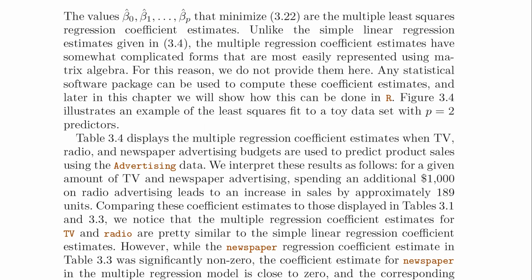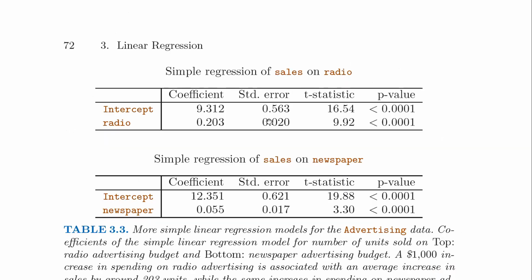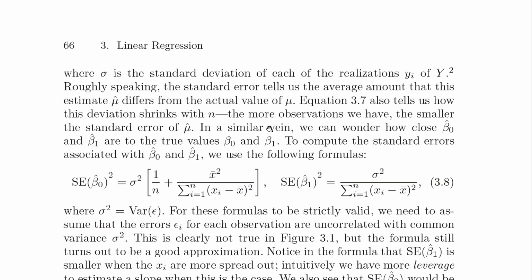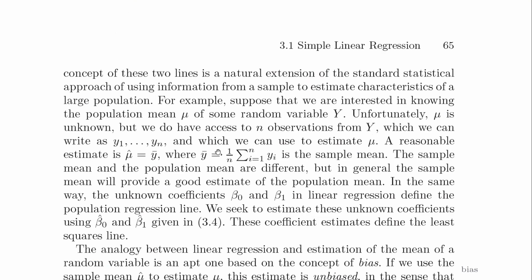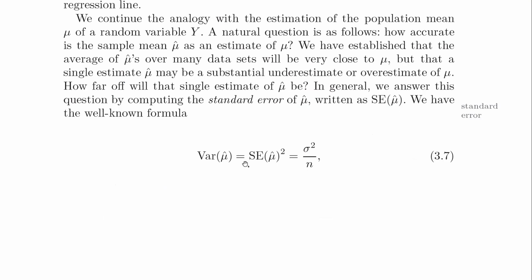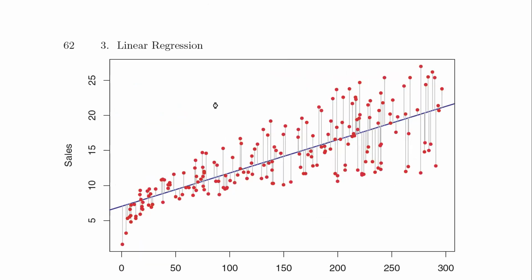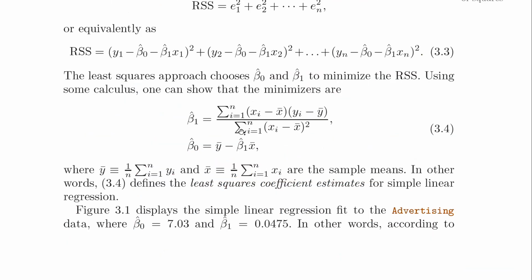Now, unlike the simple linear regression estimates, the multiple regression coefficient estimates have somewhat complicated forms that are most easily represented using matrix algebra. So they were very easy, weren't they? Over here, it was just these two formulae.